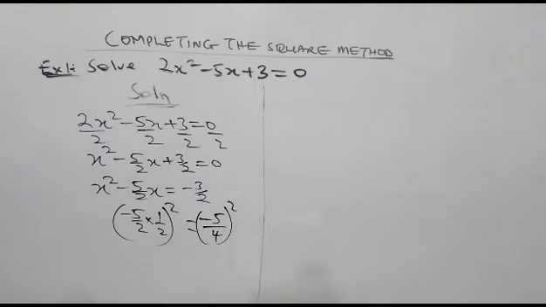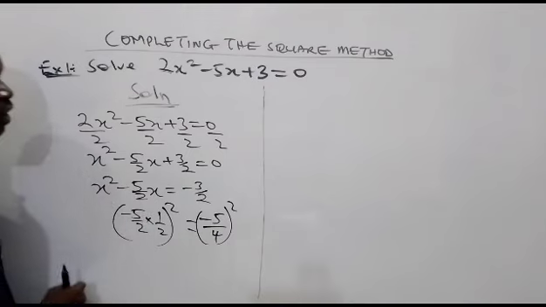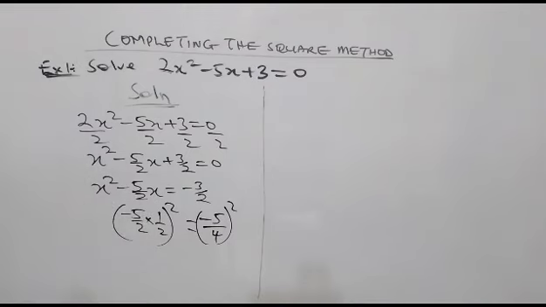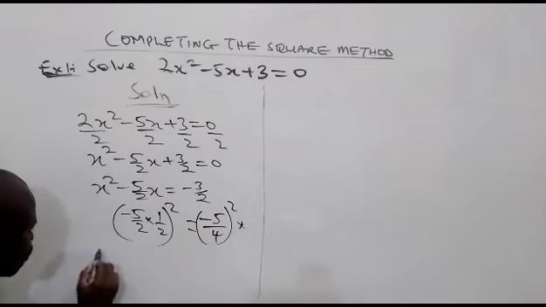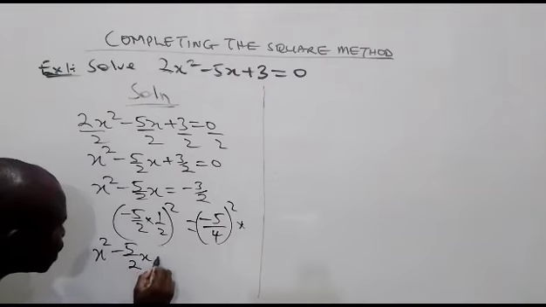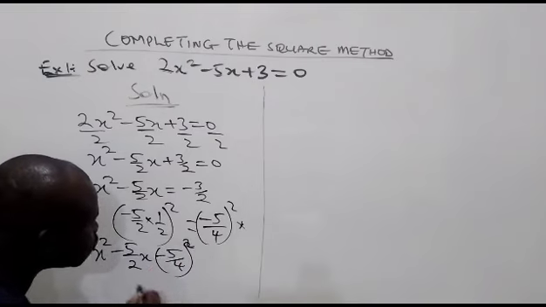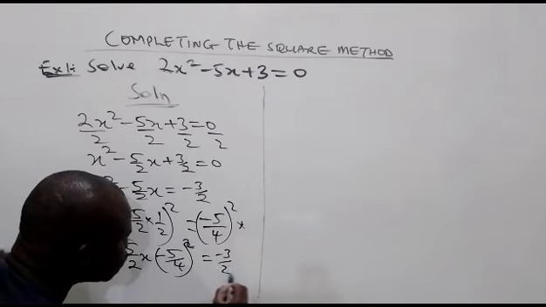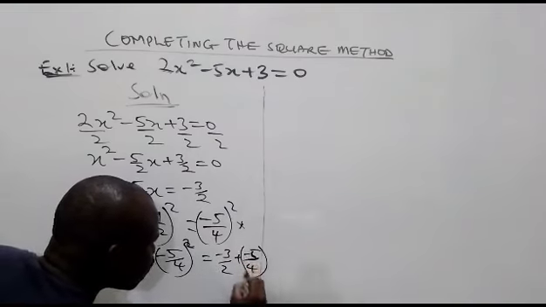The third step is that you divide the coefficient of x by 2 and square the result. Then you add this result to both sides of the equation, so that you have x squared minus 5 all over 2x plus minus 5 all over 4 all squared is equal to minus 3 all over 2 plus minus 5 all over 4 all squared.